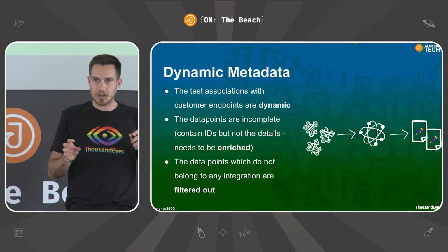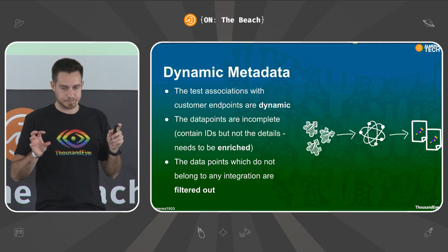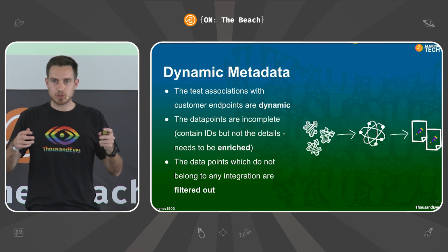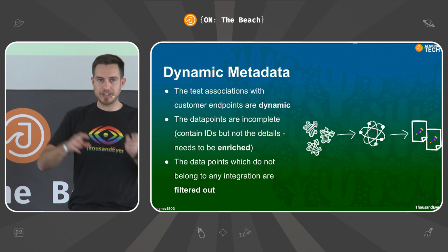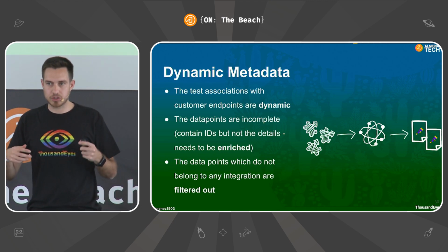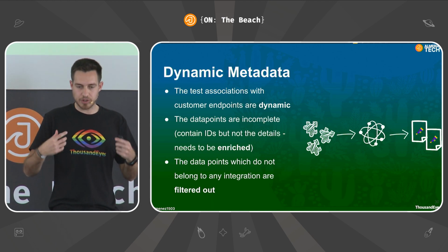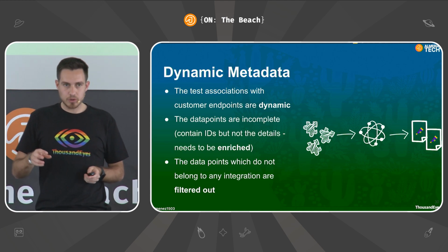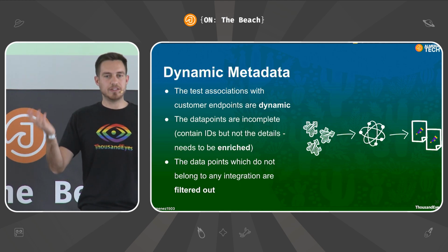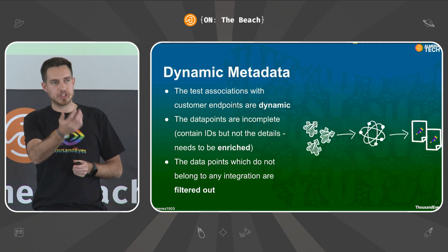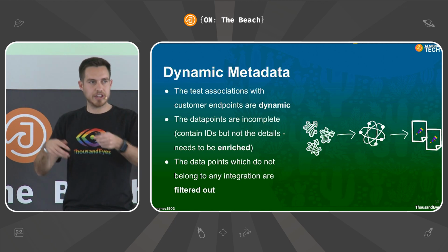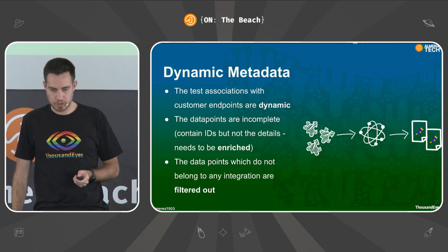The second challenge that we faced was dynamic metadata. We need to be able to associate the test with the target in real time, so we need to ingest that data in real time. And of course, that data is not complete, so we need to enrich it. Imagine that you're receiving a test ID. You need to add the test name, test type, and many other things.